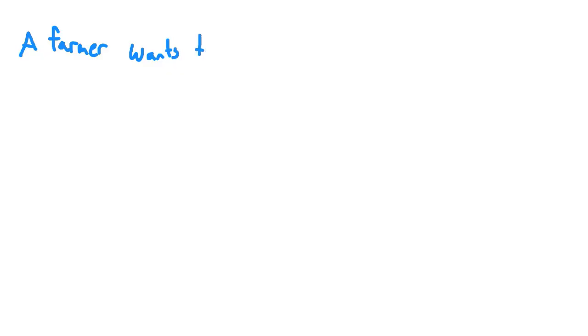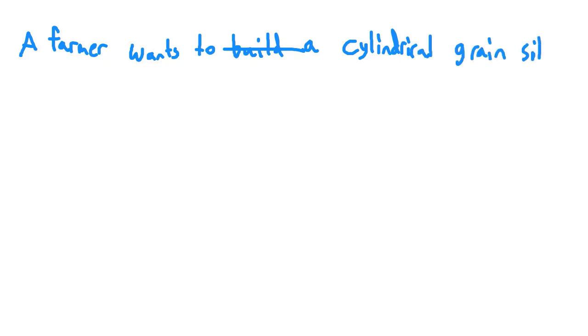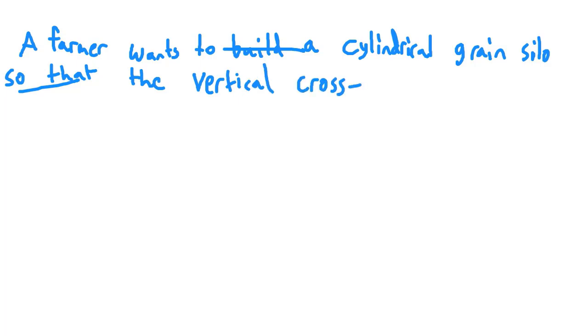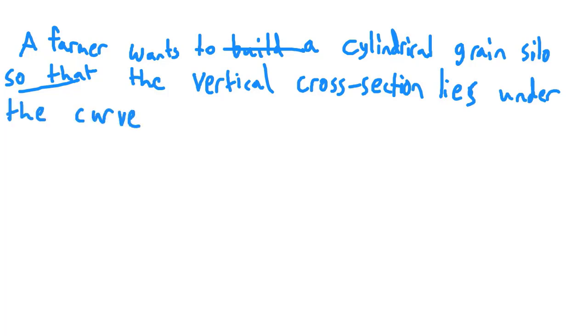So let's say a farmer wants to build a cylindrical grain silo, so that the vertical cross section lies under the curve 40 minus 3x squared.